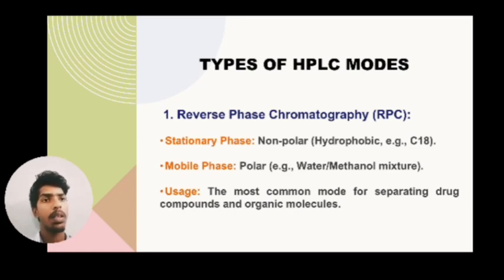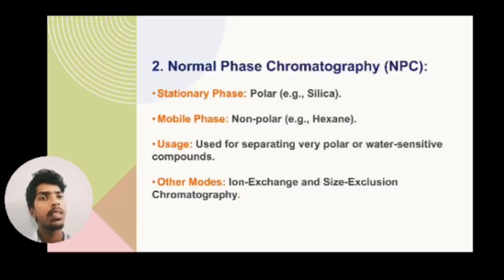Normal phase chromatography (NPC): the stationary phase is polar, like silica, and the mobile phase is non-polar, like hexane. It is used for separating very polar or water-sensitive components. Other modes: ion exchange and size exclusion chromatography.